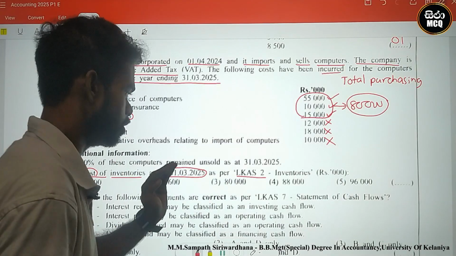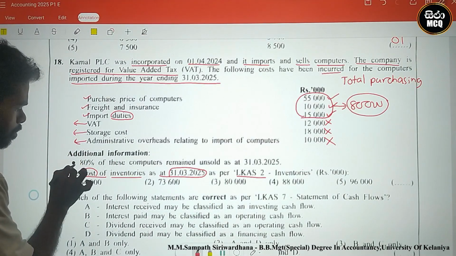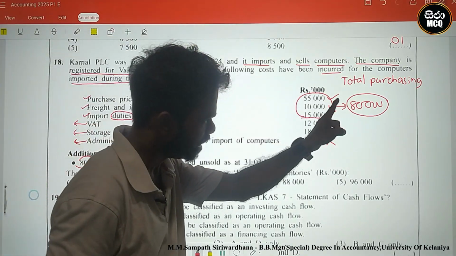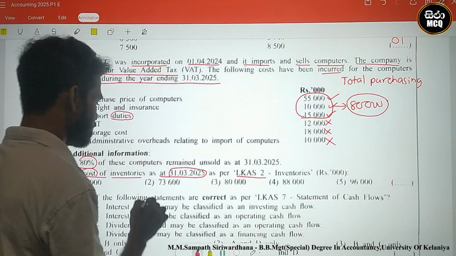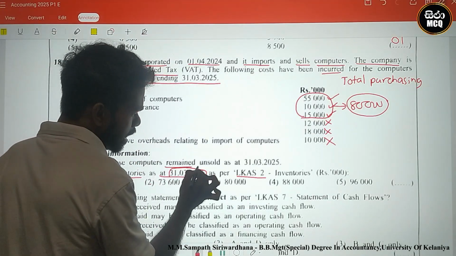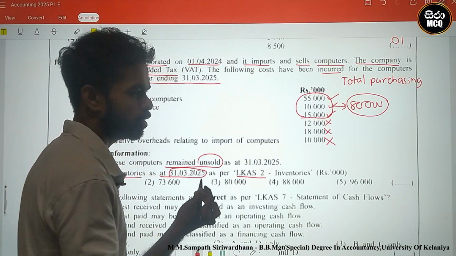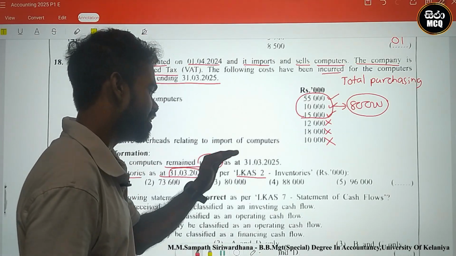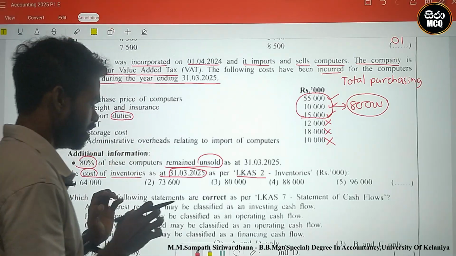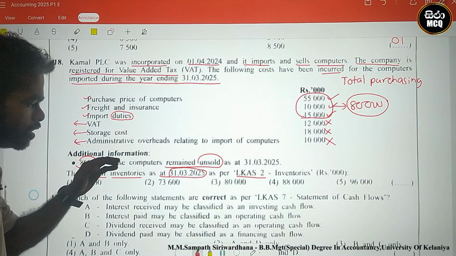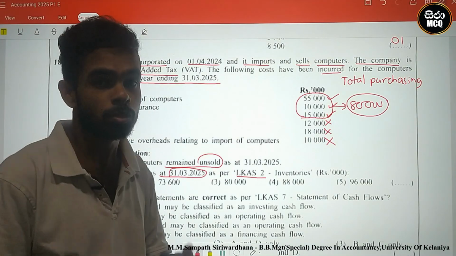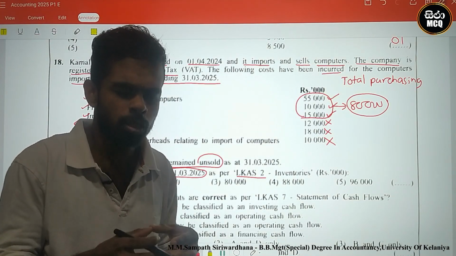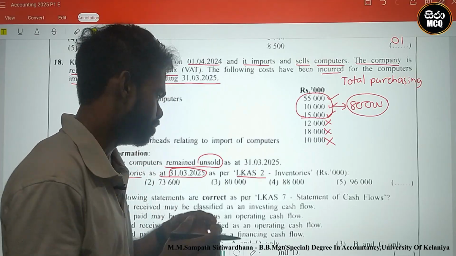This is the closing inventory. Look here, this is the additional point. 18% of these computers remained unsold. Unsold means remaining as at 31st March 2025. Therefore, this is the cost of inventories as at 31st March 2025, meaning the closing remaining inventory.